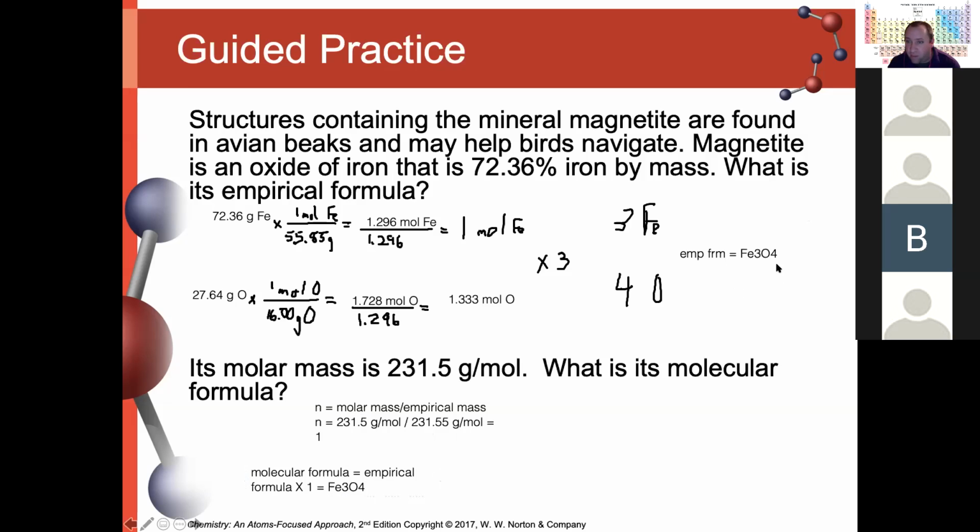We have to compare the mass of this to the mass that we know is the molar mass. And that's going to determine whether our empirical formula is our molecular formula, or if it's just a representation of the lowest terms of that molecular formula. And so that's really all that's going on there.